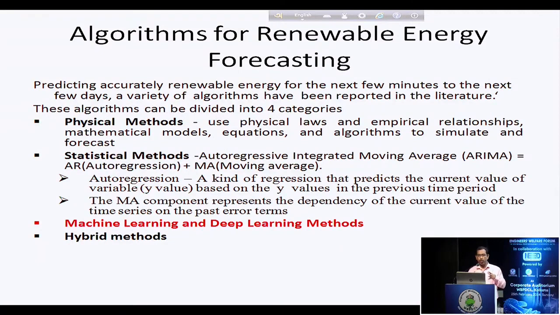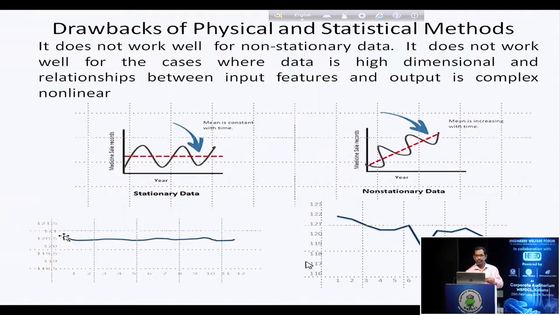But one of the drawbacks of the ARIMA model is that it depends on a single variable. Sometimes the forecasting does not depend on a single feature or variable, so we have to depend on machine learning and deep learning methods, which is my focus today. What are the drawbacks of the physical and statistical methods?